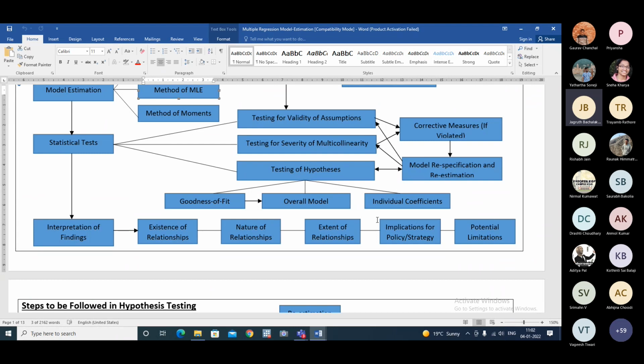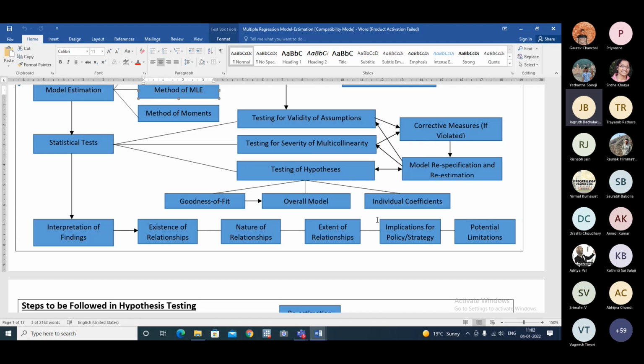Right? When we do econometric analysis, this is a very, very important objective. That what insights do I get from the econometric analysis? What implications can I draw for designing policies or designing strategies?